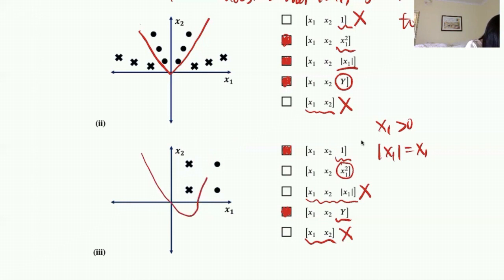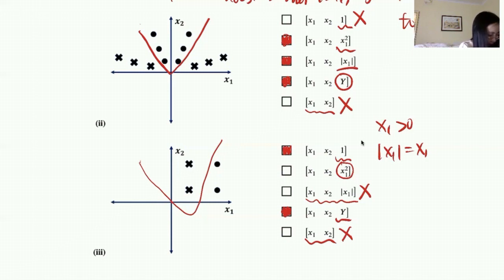It could be something like this. This decision boundary still passes the origin, but it does not need to be a straight line.